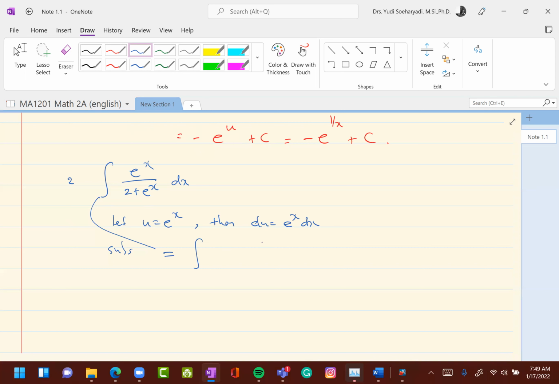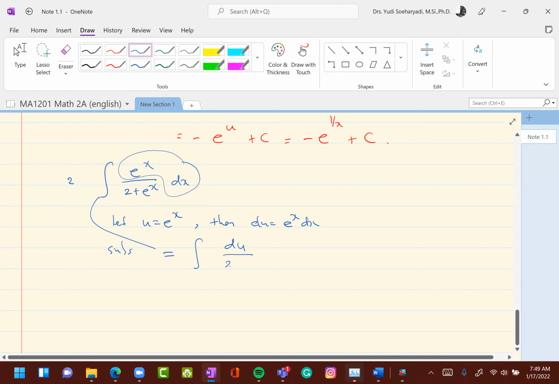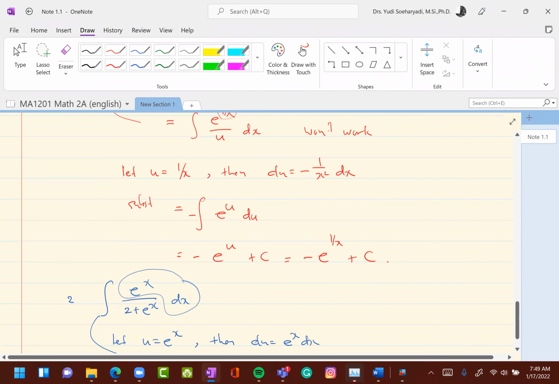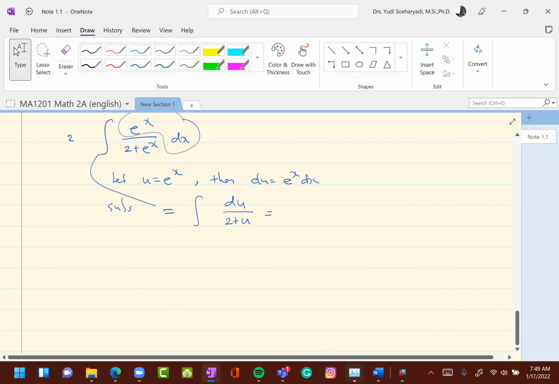Let's do this one here. This becomes the u. But we know then this should be, what's this? This is a standard part. Well, if you prefer, you can use another substitution. Let's change color. Let's say v equals 2 plus u.